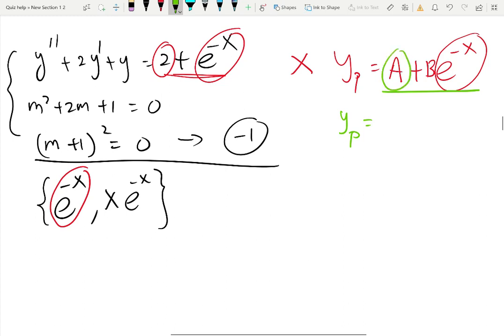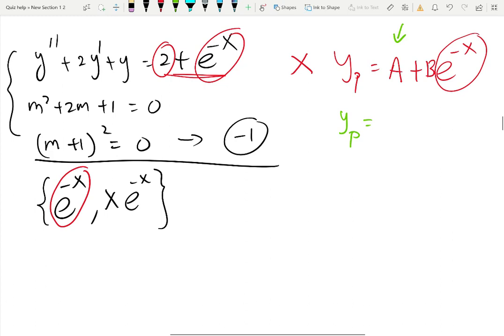That means a is an isolated constant, right? Do we have a constant here, just a constant? No. What we have in the fundamental set is e to the negative x and x e to the negative x. This part here does not have an overlap, right? But this part does. This is the part that we have overlap. So you only multiply the part that you have an overlap.